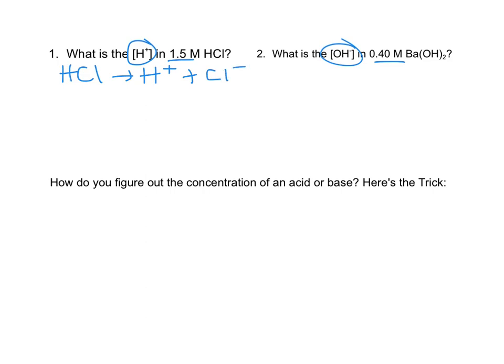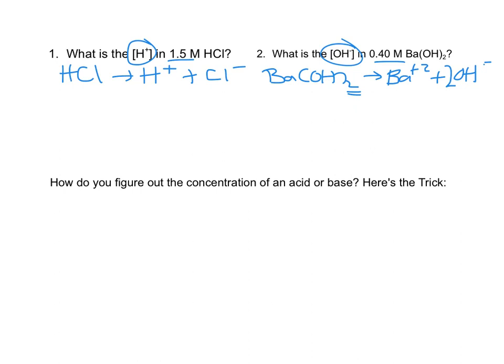Everything is balanced 1 to 1. Barium hydroxide would break up into barium ions +2 because it's in group 2, and OH -1 from the back of your periodic table. However, I have 2 OH groups, so I'm going to need to keep that thing balanced.